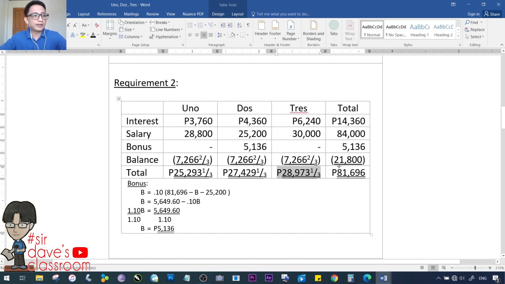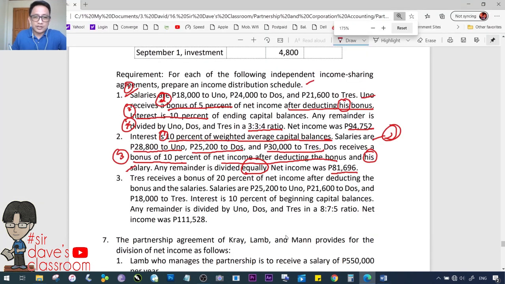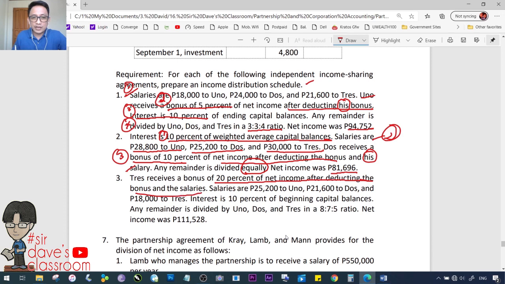Next, requirement number 3. The last one. Let's go back to the problem first. Let us read. Tres receives a bonus of 20% of net income after deducting the bonus and the salaries. First provision is the bonus.